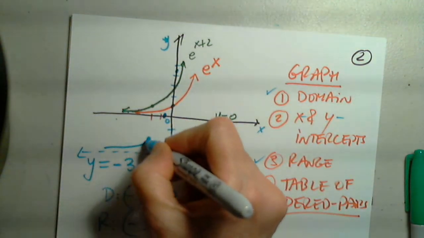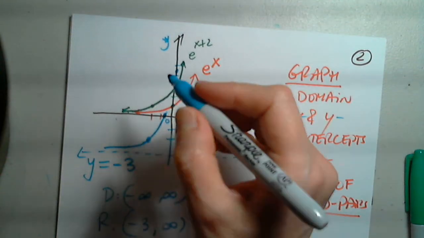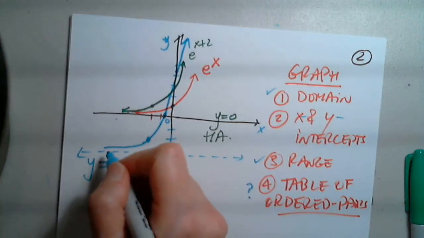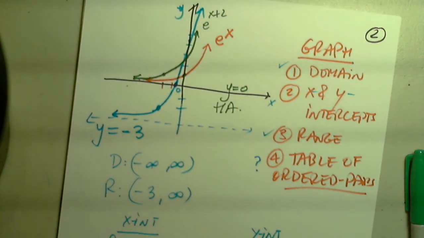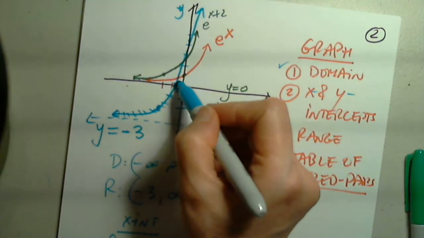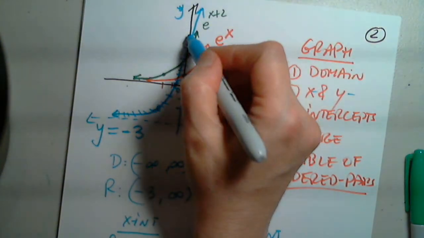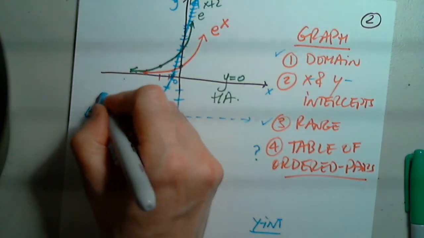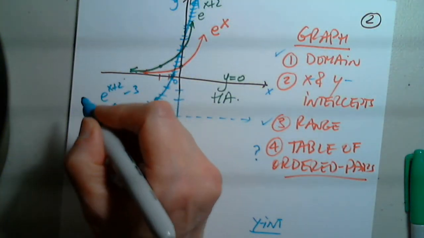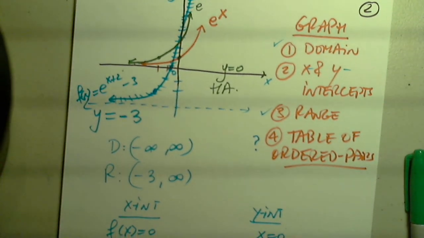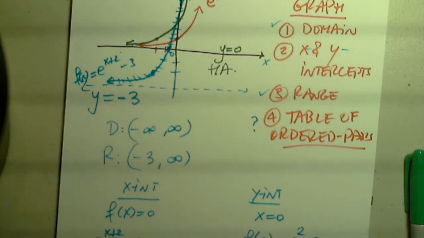Here's my graph. So I'm going to do this so everyone can see that this is the final graph. And that is e to the x plus 2 minus 3, and that's f of x. Any questions on this?